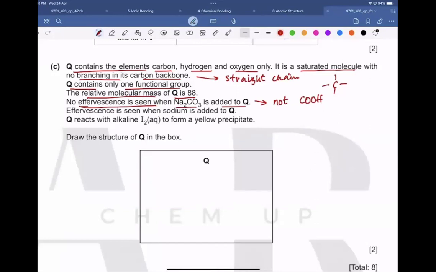Yes, Fatma. If you look at this structure, it's a V, and there is a carbon here, here, and here.